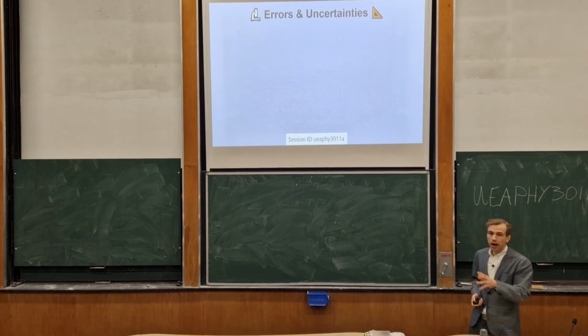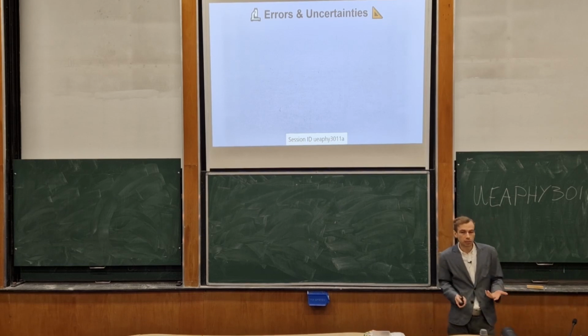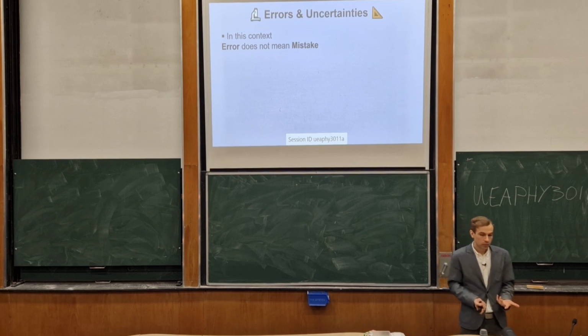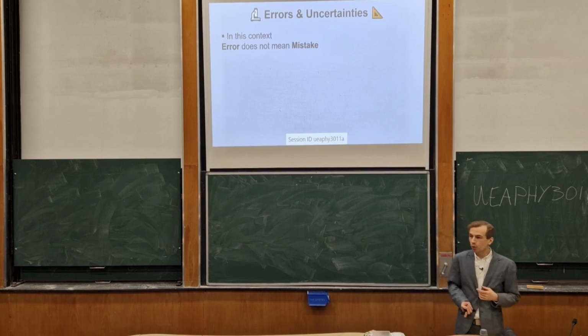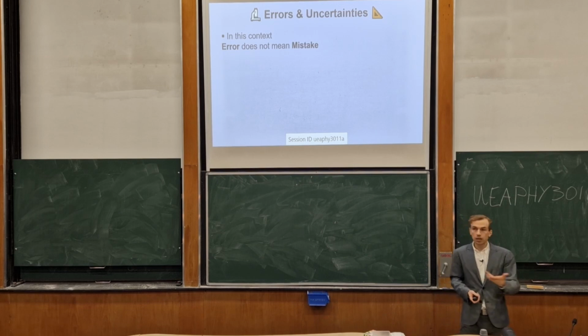In the context of a scientific research paper, error doesn't mean a mistake. If, when you come to hand in lab reports, they want an error analysis, that doesn't mean check your lab report for mistakes. It means that they want the uncertainties to be analysed.